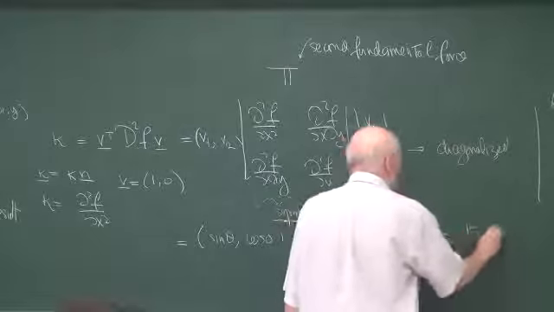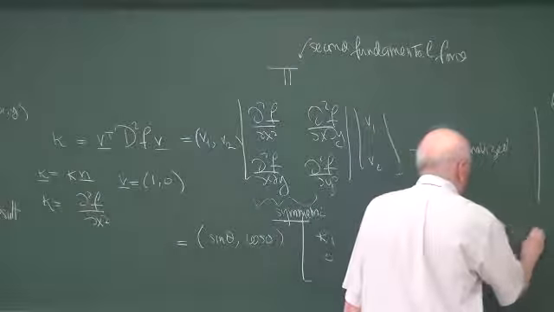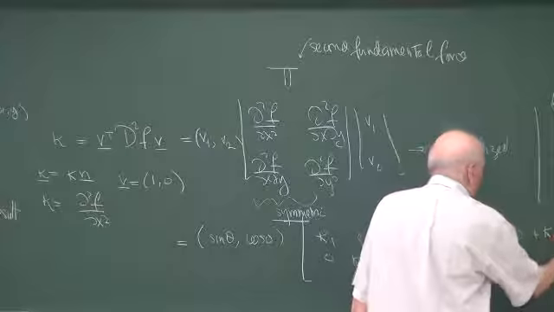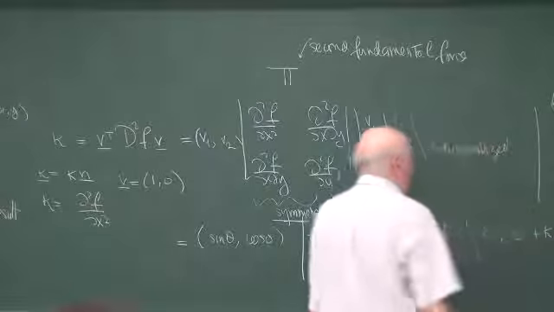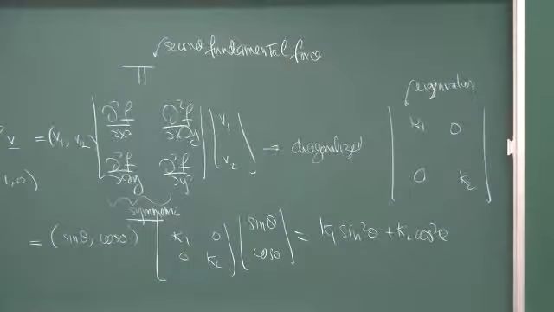So it's kappa 1 sine squared theta plus kappa 2 cosine squared theta. And now it's easy to see that, again, as you run around, either kappa 1 will be the max and kappa 2 will be the min, or kappa 1 will be the min and kappa 2 will be the max.